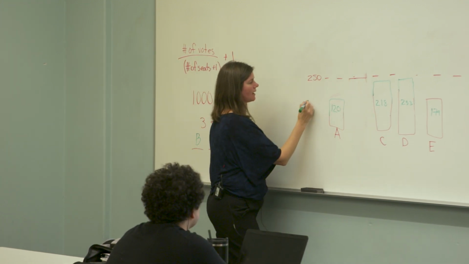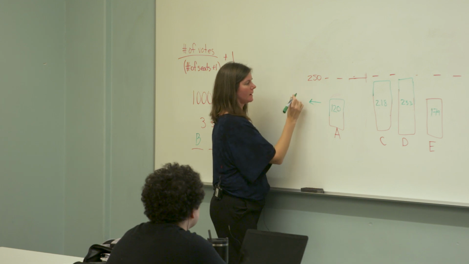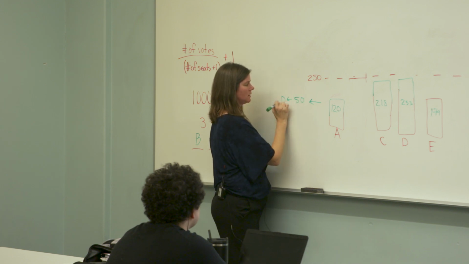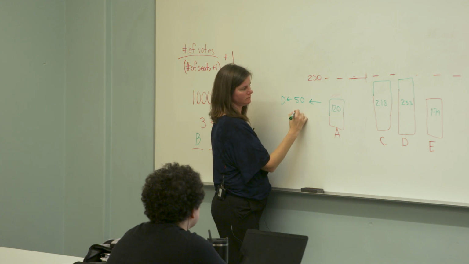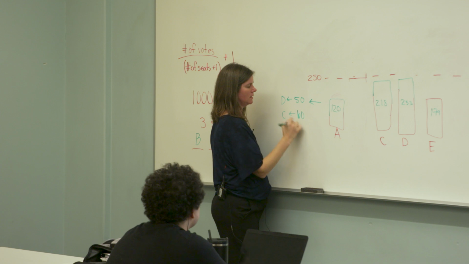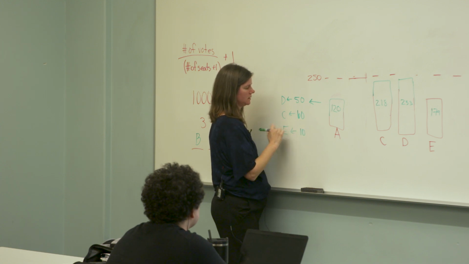So let's say that 50 of these voters have D next. 60 have C next. And 10 have E next.